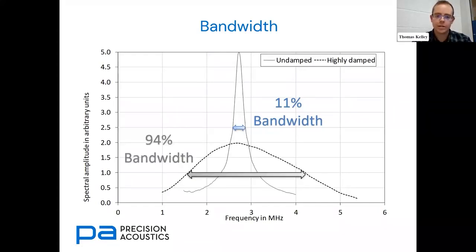Similarly, this transducer here has a 94% bandwidth. And you might notice the relative amplitudes of the narrowband and the broadband transducers here, but that is no accident. It leads us on to another key concept, which is the gain bandwidth product. This is the idea that a transducer's gain or output amplitude is linked to the bandwidth over which the transducer performs.